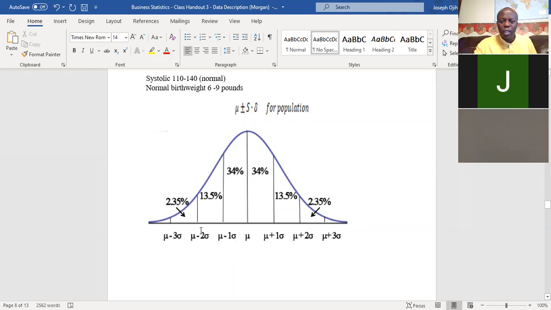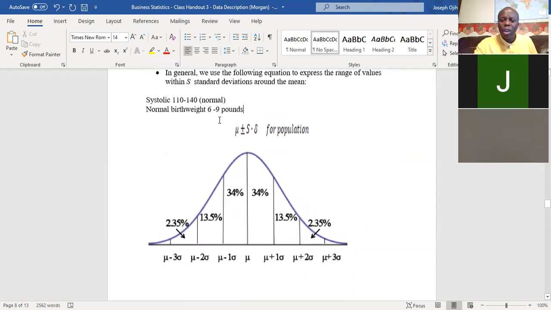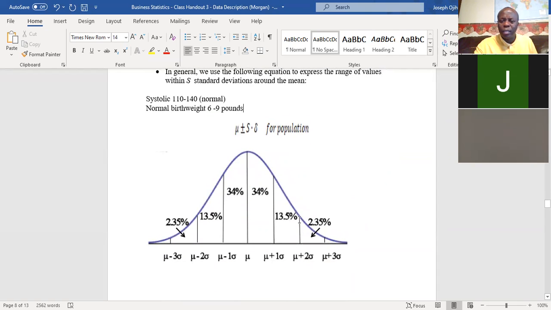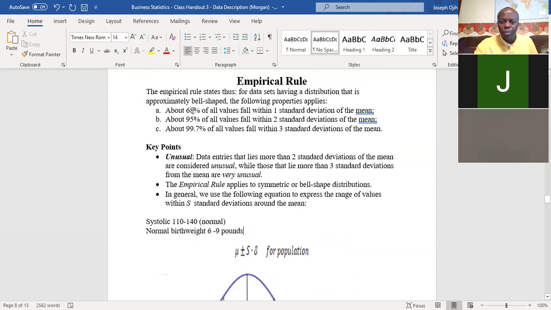Now, for the 2 standard deviations of the mean, we have 95% of it. So how come we have 13.5% here and 13.5% here? Because we already have 68% there. So to get the number that will be here, we do 95 minus 68% divided by 2.